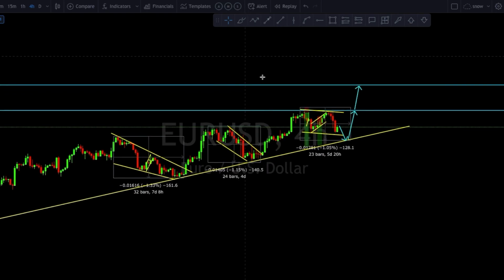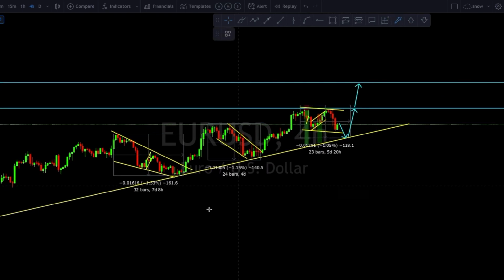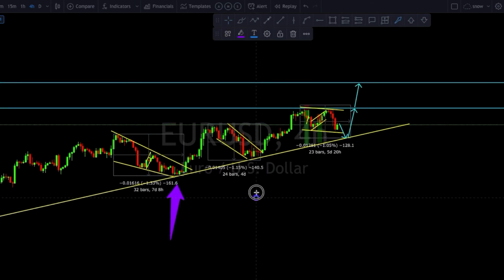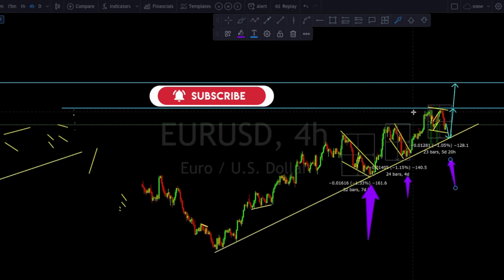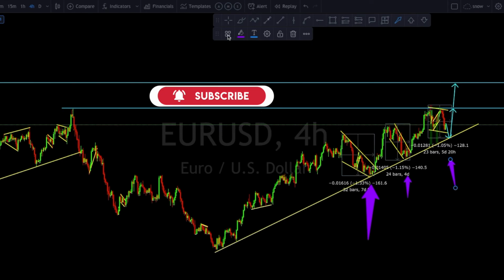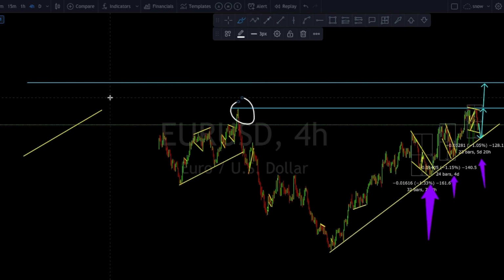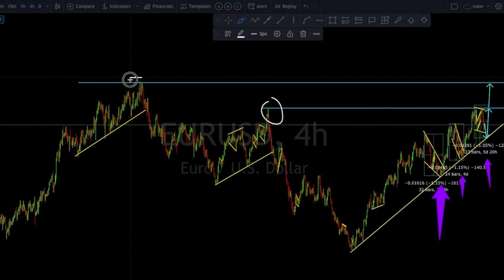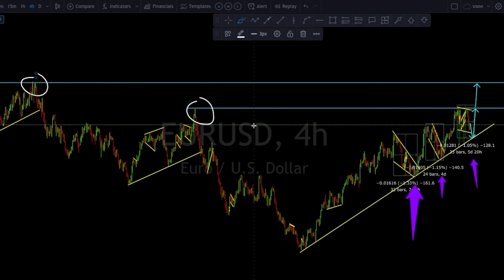The market has been pushing up, pushing up, pushing up. So it's going to push up to this level here, or if it breaks this level, it's going to go to these high highs.